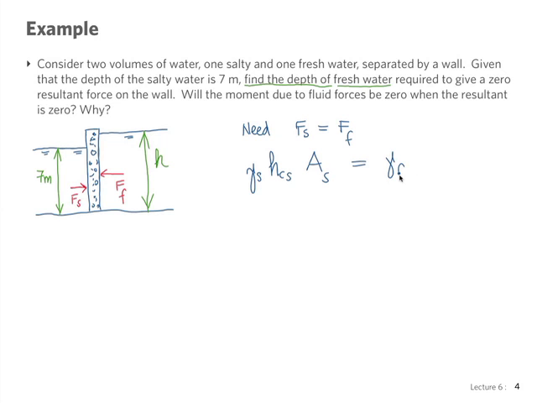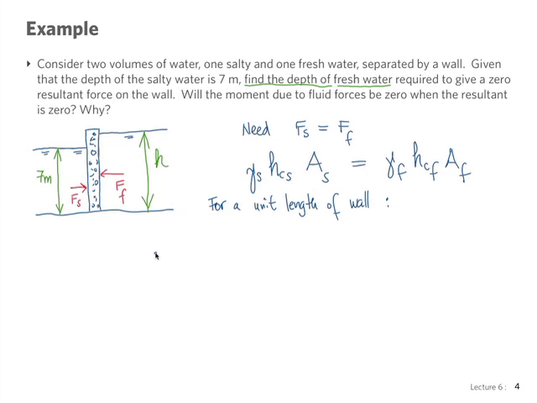It has to be equal to gamma on the fresh side times the depth of the centroid on that side of the wall and the area on the fresh side. So those are the two forces. So now we look at unit length of wall in the direction perpendicular to our sketch here. And so we can calculate.